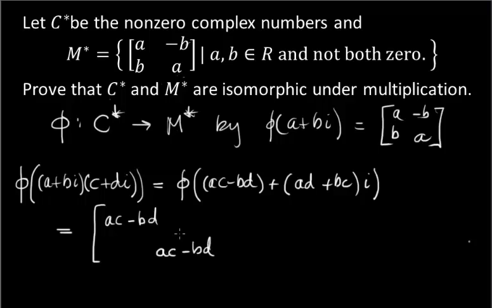And then here we have minus ad plus bc. And down here we have ad plus bc. Okay, we don't know yet if this is exactly what we want. This one's a bit more complicated to see. We're not just going to be able to go from this to what we want. Let's just stop. We have that, and now we will perform them separately and see if we get the same thing.